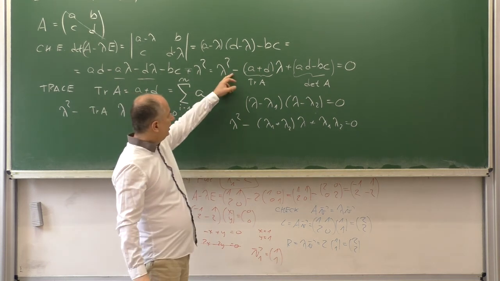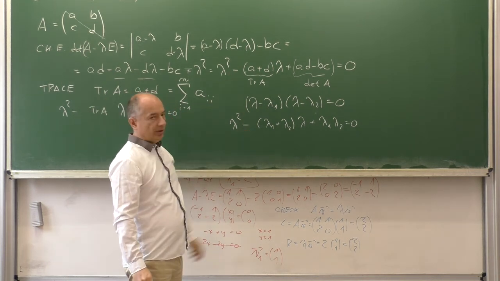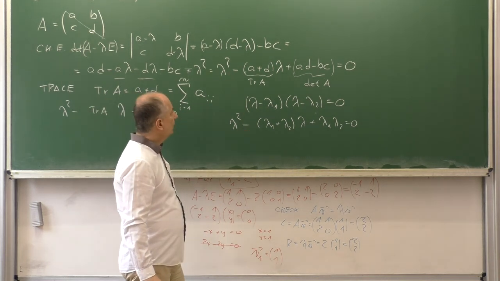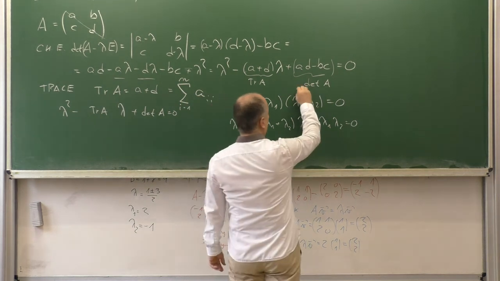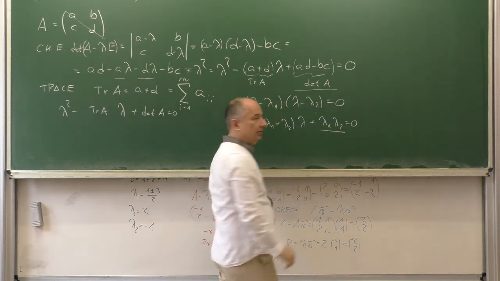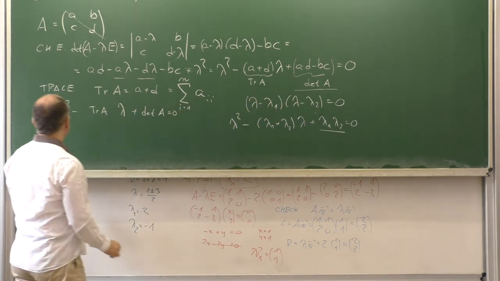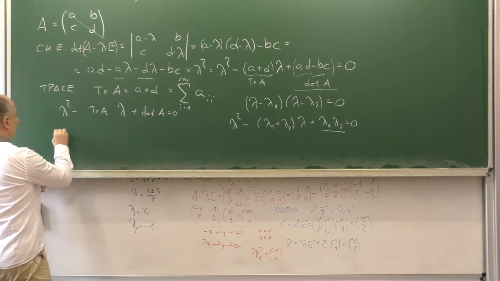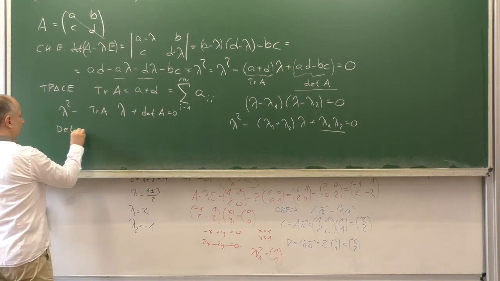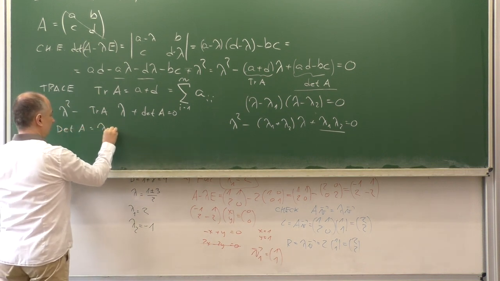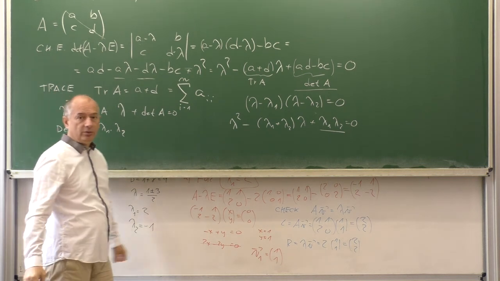If you compare these two forms of the quadratic equation, then we see that the determinant of the matrix is equal to lambda 1 times lambda 2, the product of the eigenvalues.